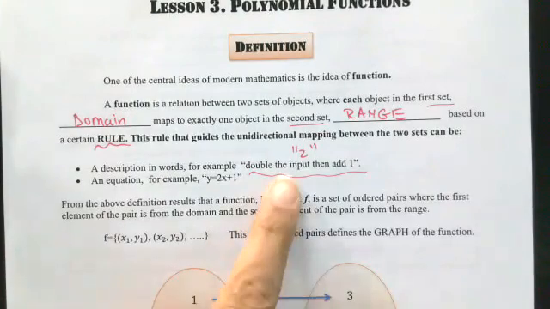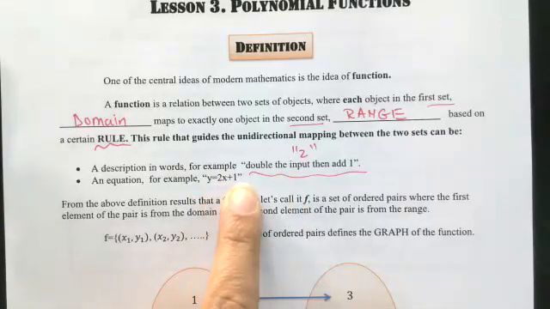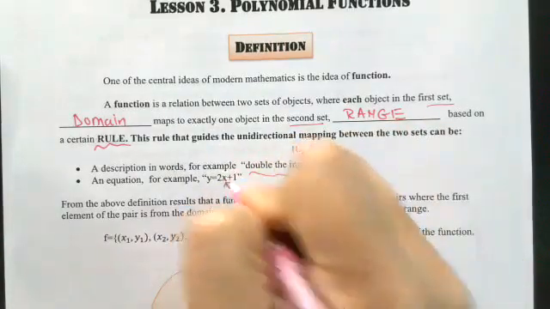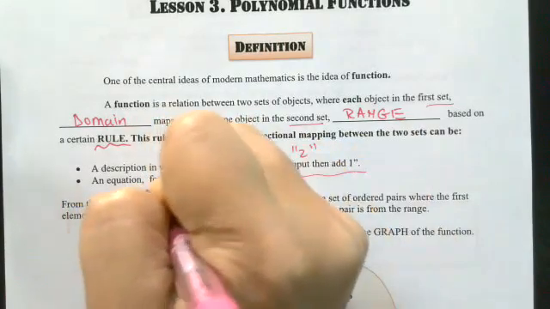Instead of writing double the input, add 1, I can just say 2 times x plus 1. It means exactly the same thing. X will be the input, and then y, what we're getting after that calculation, is sometimes called the output of the function. So input, and the y would be the output.